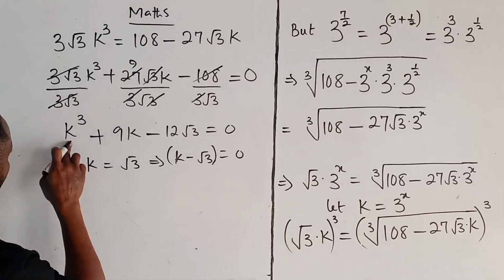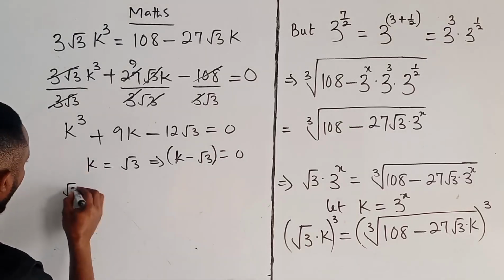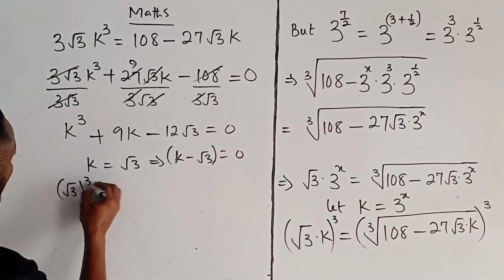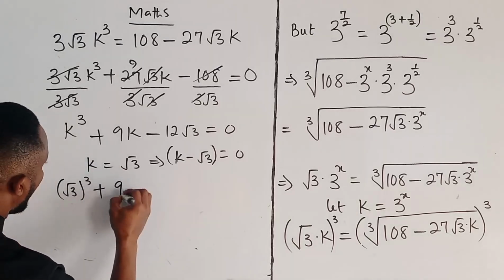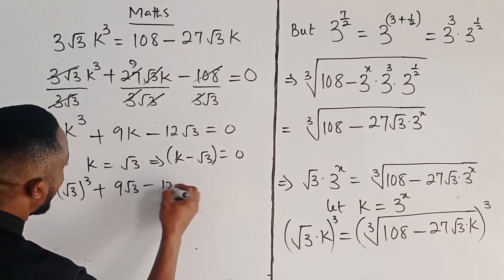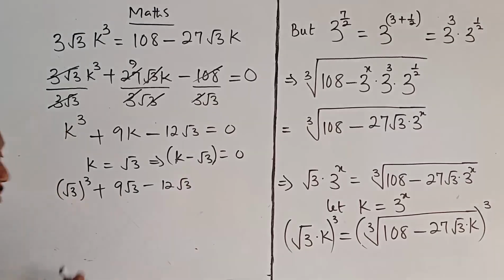So if I substitute k here, that will be rad 3 cube, 9 multiply rad 3, that will be 9 rad 3, minus 12 rad 3. We are going to check whether these 3 terms will give us 0.